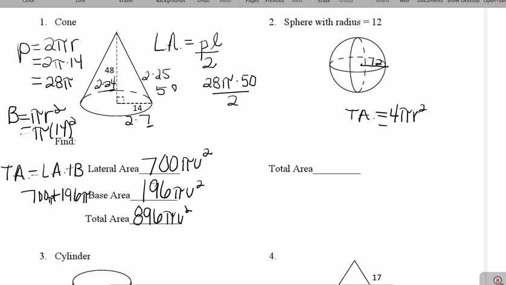Then I'm going to substitute 12 in for the radius and go ahead and square that to get 144. And then I just have to multiply 144 by 4 to get my final answer of 576 pi units squared.